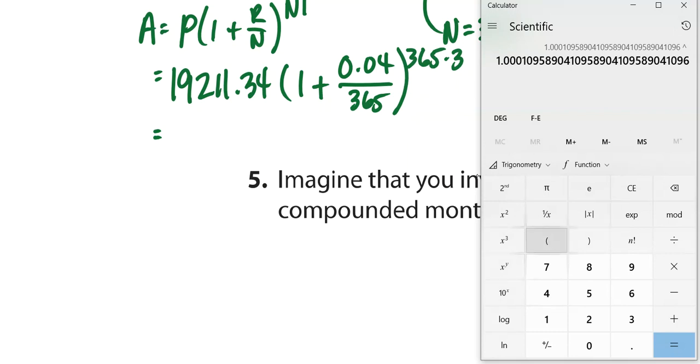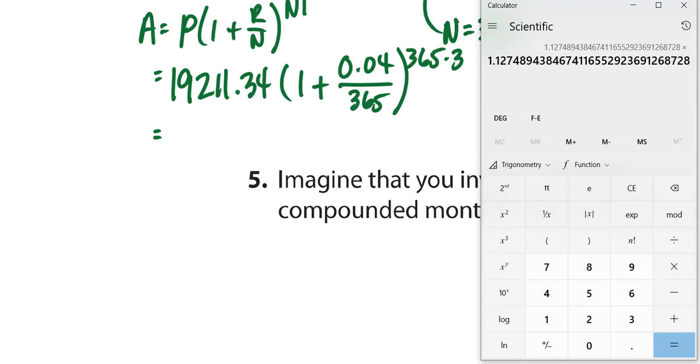But I've pressed the exponent key, and I've got a set of parentheses in which I can complete 365 times 3. I've closed those parentheses, and the result on the screen is just the result of that mini computation. So now I have to press equals, and this is the result of that original decimal raised to the power of 365 times 3. We get this result right here. That number completes the parentheses and the exponents.